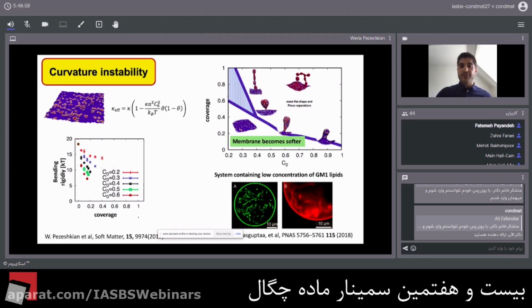Because of this high fluctuation, you have very highly curved shapes, and the protein that induces curvature goes to these highly curved parts. You have a domain highly covered and rich in the proteins, and a domain with lower concentration of the protein. So you see some sort of phase coexistence that is shape and fluctuation driven.